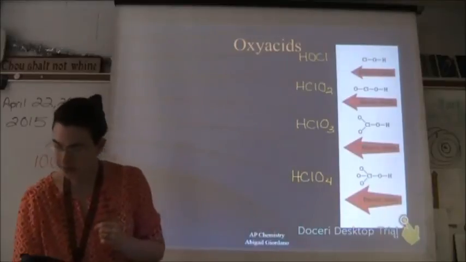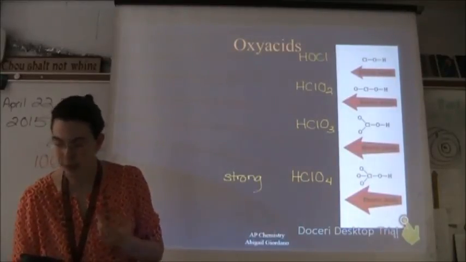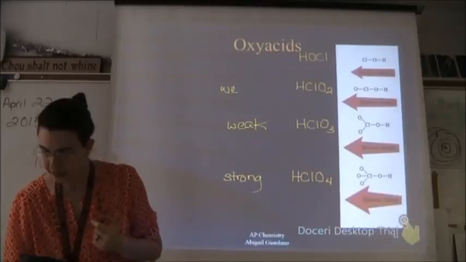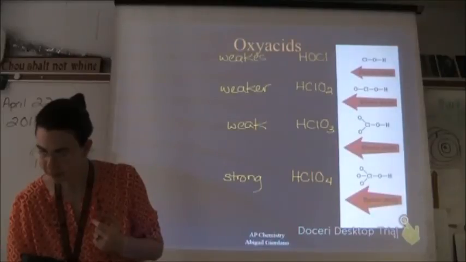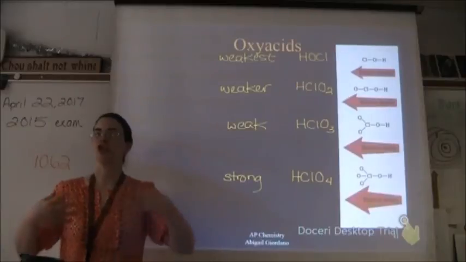Okay. Now, which one of these is one of our strong acids? Bottom one? Okay. And I'm just going to tell you, because you may or may not know this, not only is that weak, but can somebody give me some conjecture here?